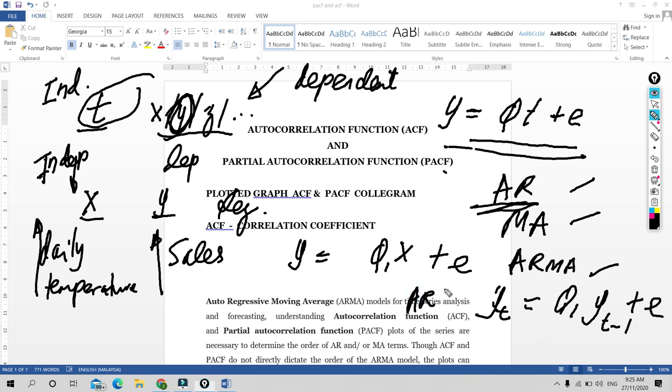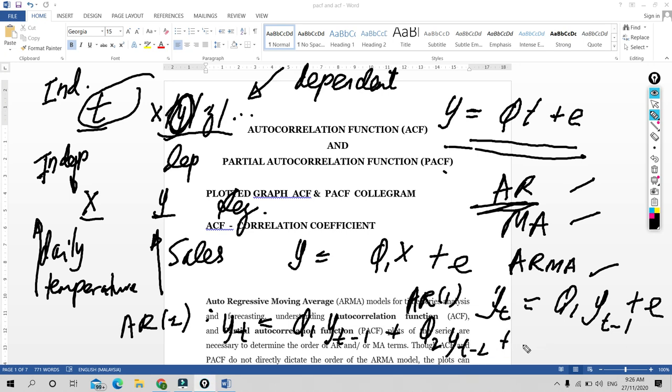Kalau AR2 model, Yt depend pada dua lag yang sebelumnya. So we have φ1 Yt minus 1 plus φ2 Yt minus 2 plus epsilon t.